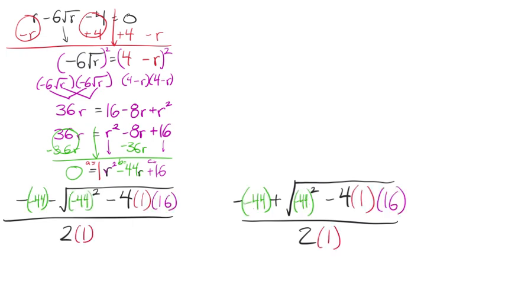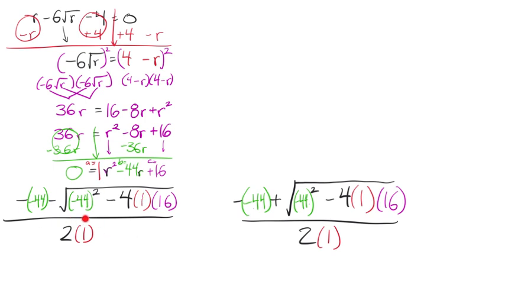Okay, now here's what we have for both of these, and if we went into the calculator, part of the problem is that by plugging these in, it's going to give us decimals, because the discriminant here, the square root of b squared minus 4 times a times c, is going to be too big for my calculator to simplify. Now, if yours does it, that's fine, but mine doesn't, so I'm going to have to do this by hand.